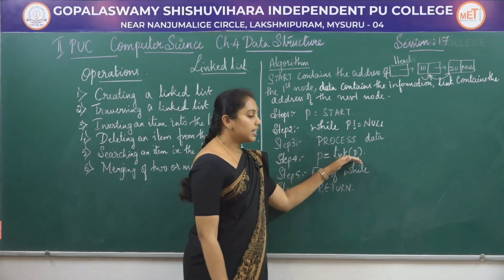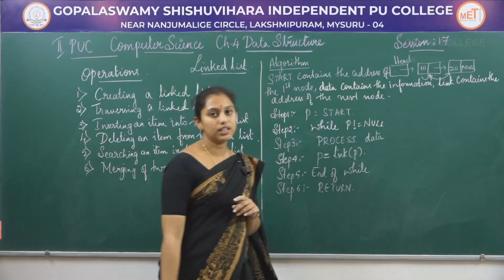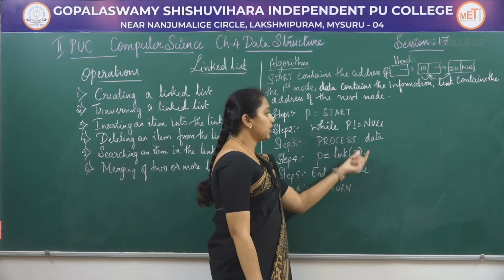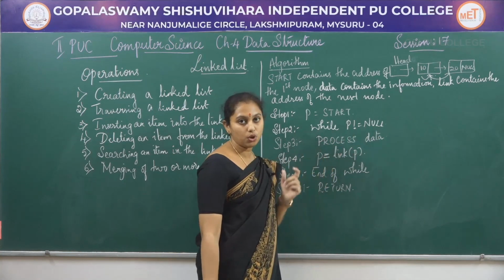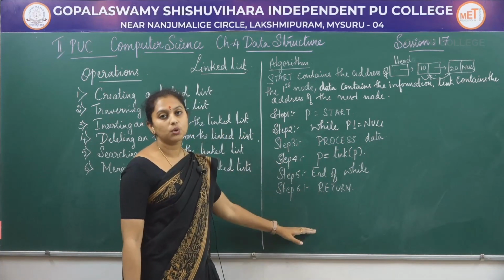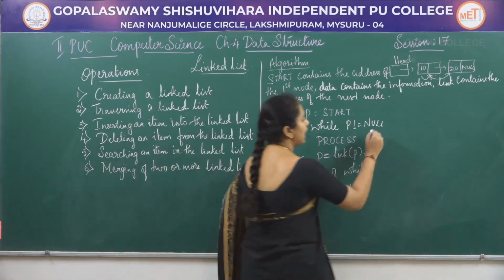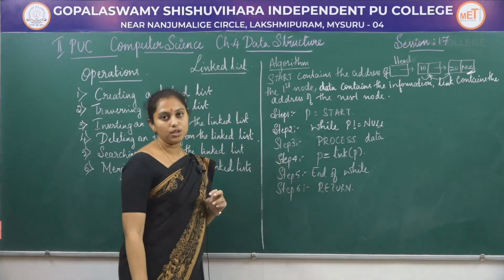Next, through the link part, we move to the next node. When we get null in the link part of a node, we have to stop traversing.